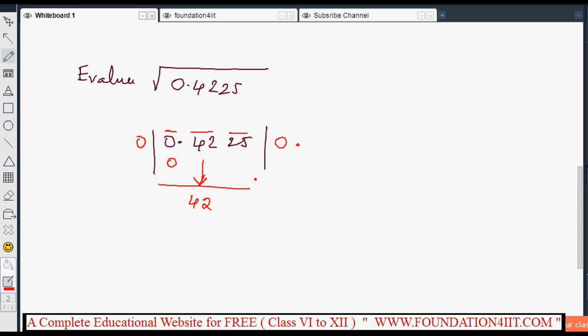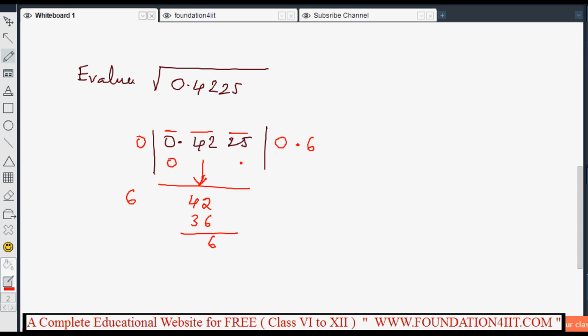Then 0 doubled is also 0 only. Next we can take 42. The nearest perfect square to 42 is 6 times 6, which is 36, because 7 times 7 is 49, which is more than 42. Now 42 minus 36.